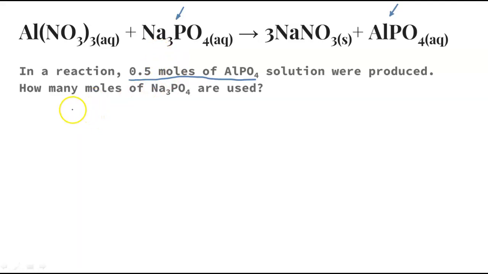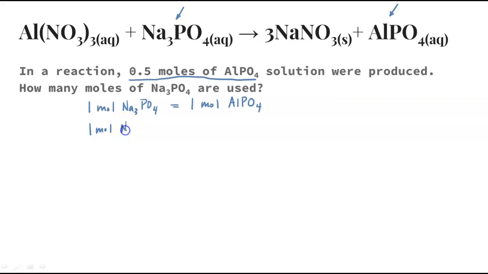How would we show that in chemistry? So we would show that by looking at the relationship of Na3PO4 with AlPO4. So we see from our chemical equation that for every 1 mole of Na3PO4, we are going to produce 1 mole of AlPO4. So this allows us to create conversion factors.